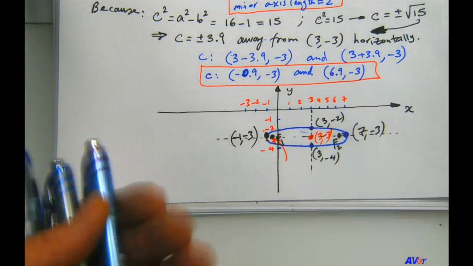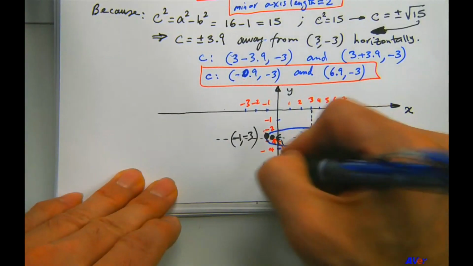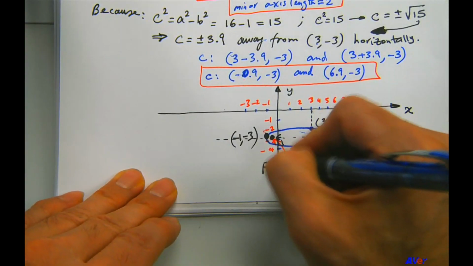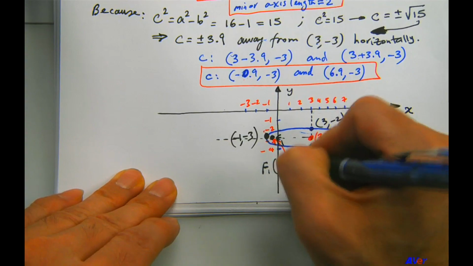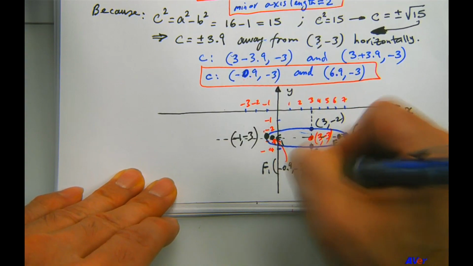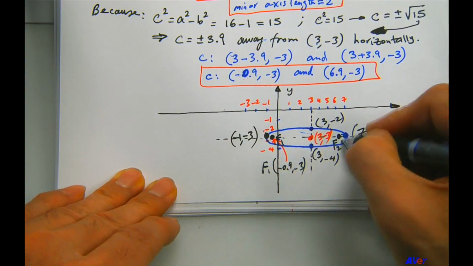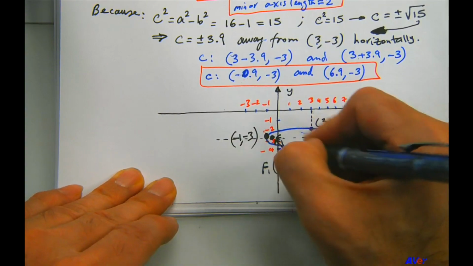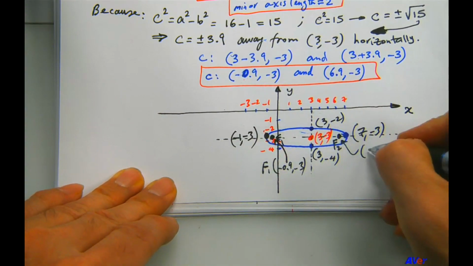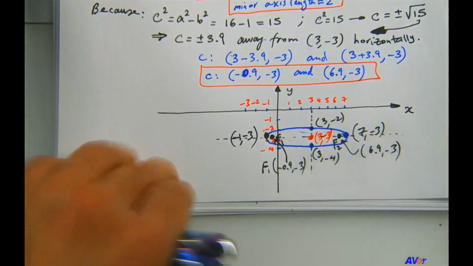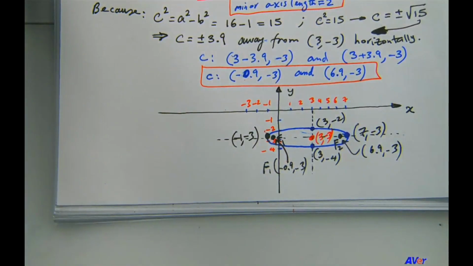So that would be, say, F1 at -0.9 comma negative 3, and F2 at 6.9 comma negative 3. Okay, away from the center there. Okay, so let's look at another example.